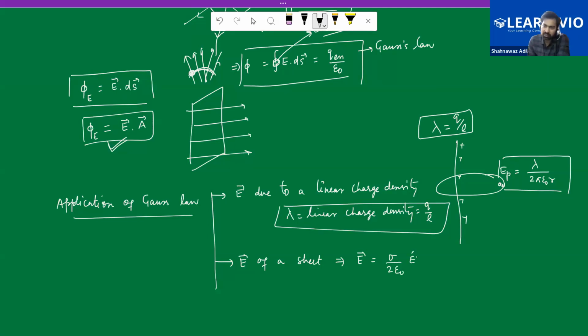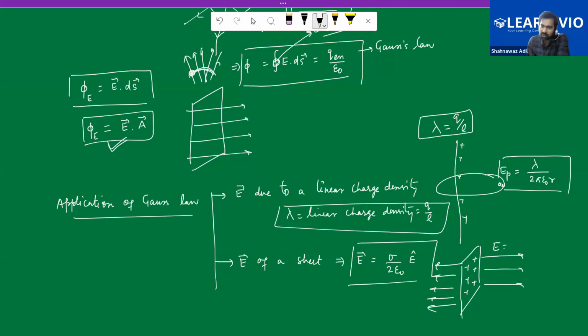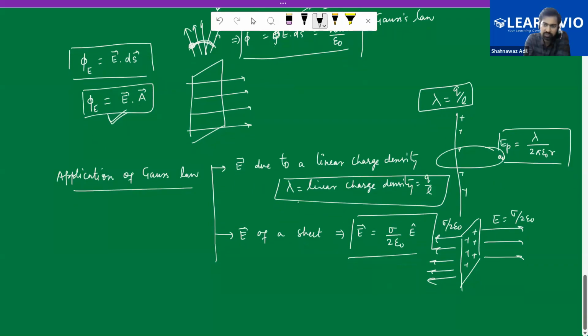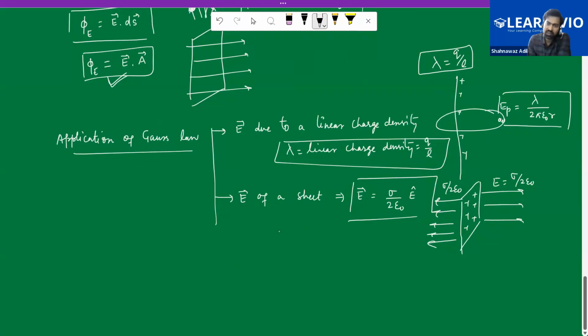And let's say if we have this sheet, and let's say this is a positive sheet, so the electric field would be outwards, and in both directions, this would be sigma by 2 epsilon, right? Is it clear? And where this sigma is the surface charge density.